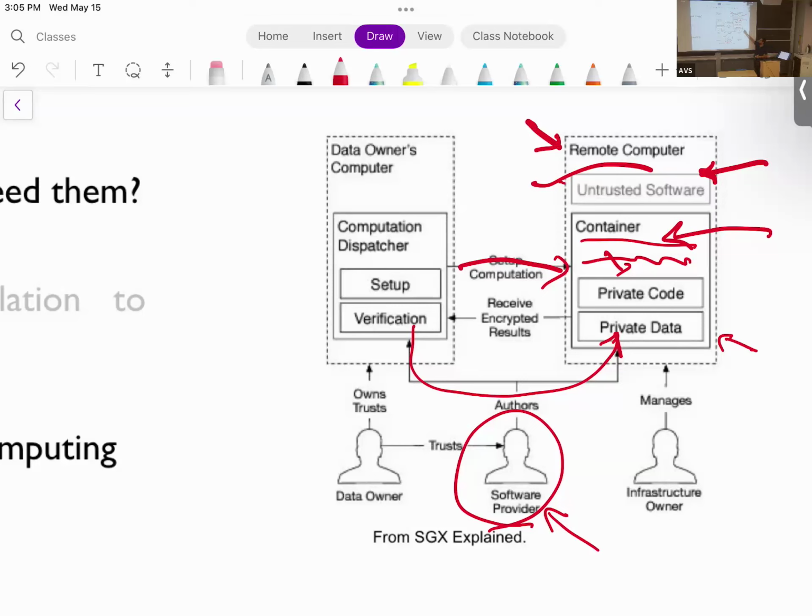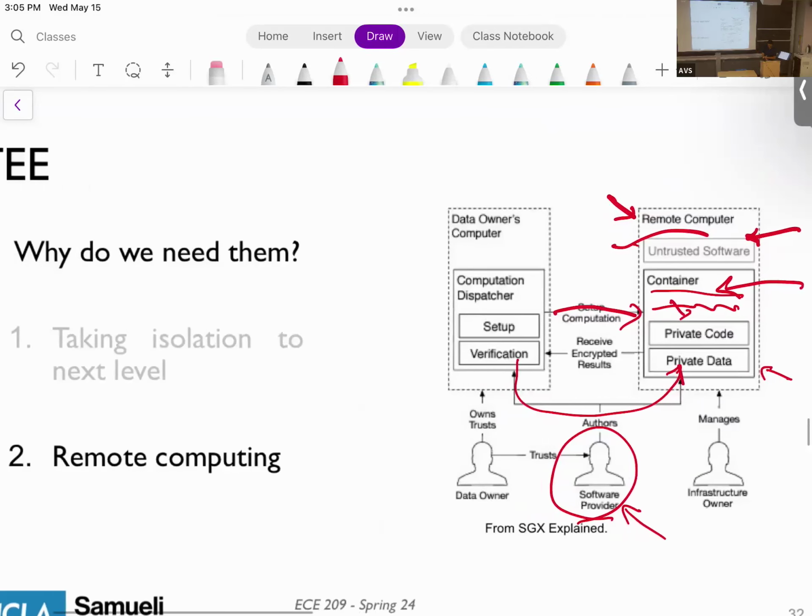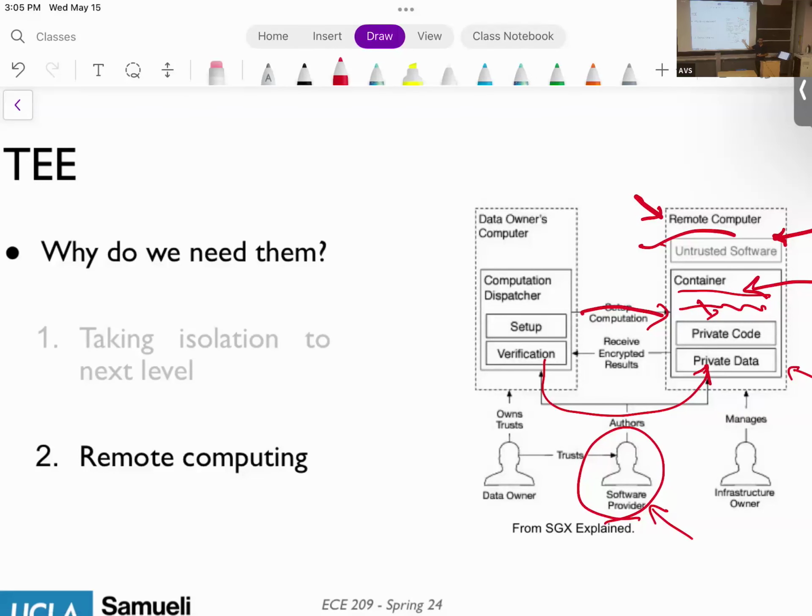And again, there are tons of details, like how do I create the container, how do I send the request, how do I receive the response, and all those things. Part of it we're going to discuss in the paper presentations next week: how do I build a TEE, how do I improve the performance of the TEE, and all those things. But just keep in mind that this is a very basic idea of why you need remote computation. Remote computation is not the primary use of these, but these days it is actually a very popular use of them. Okay?